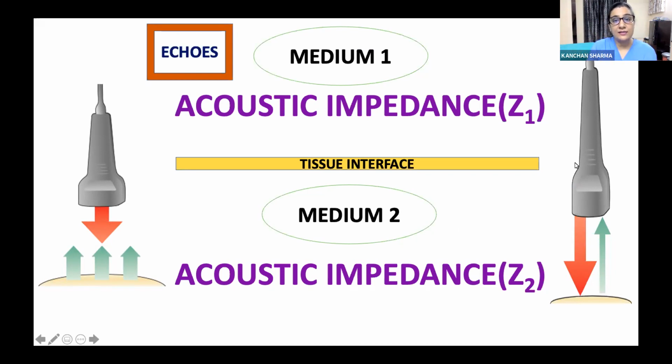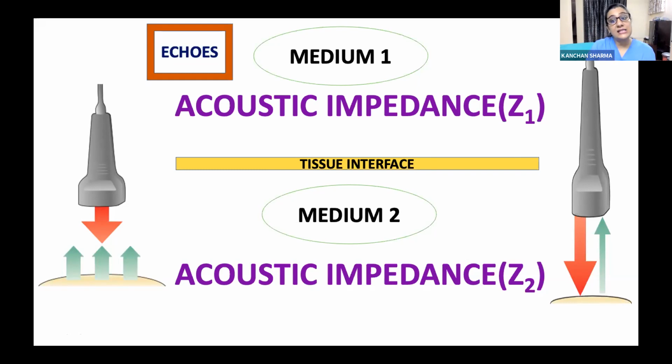So supposedly this is medium 1, this is medium 2. Now, if the difference in acoustic impedance between these two mediums is very high, then what will happen? You are going to have more echoes going back to the transducer. Like supposedly this is 2 and this is 10. So the intensity of the reflected sound wave is going to be 8.